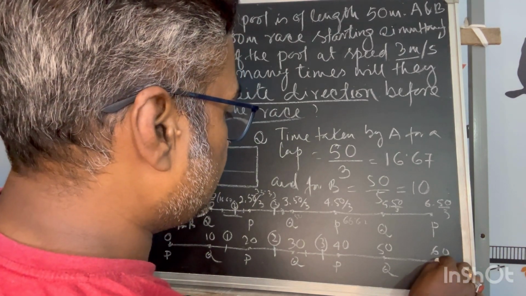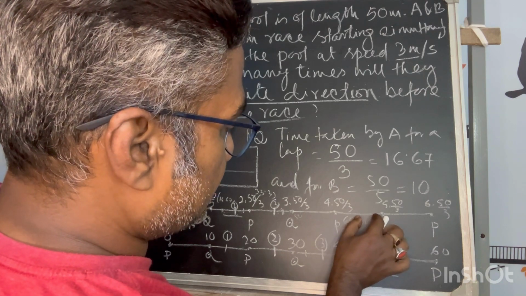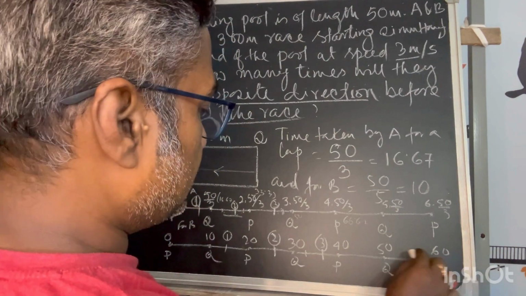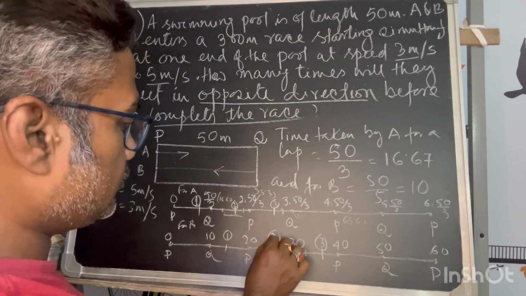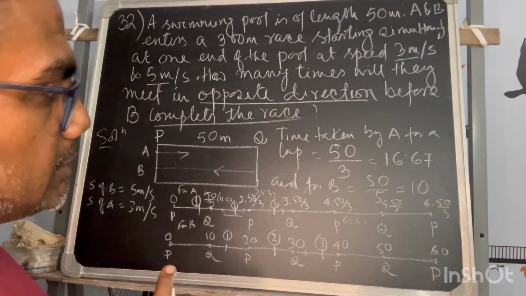Then after he already reached the destination, means he has completed the 300. So there is only chance of 1, 2, 3 meet. So this answer will be 3 meet.